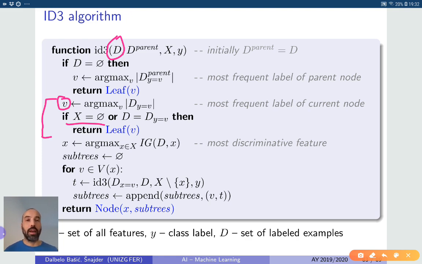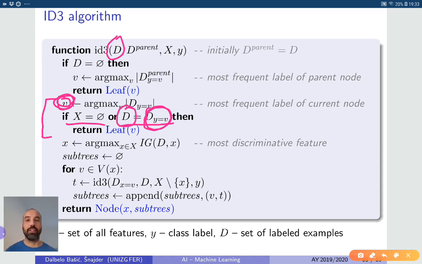That's one thing that can happen. The other thing that can happen is that if I take the subset of the most frequent label, I get the same data set that I'm looking at, which basically is just another way of saying all the examples now have the same label.